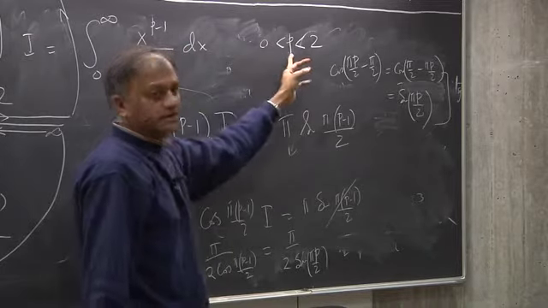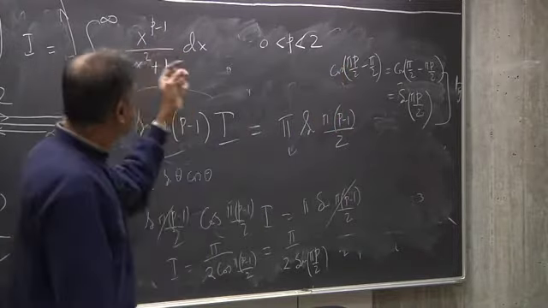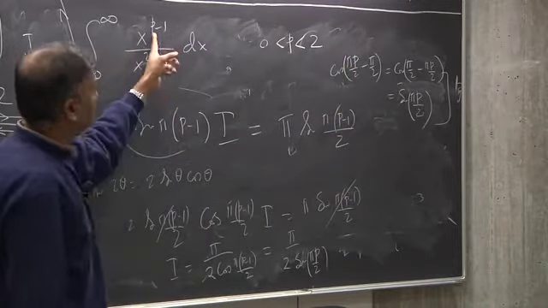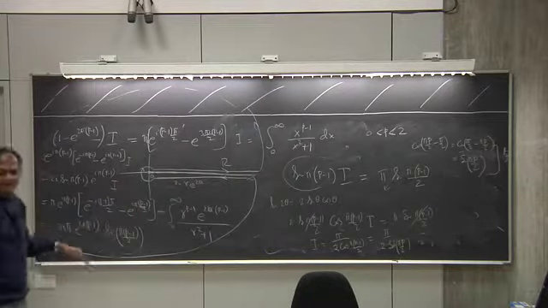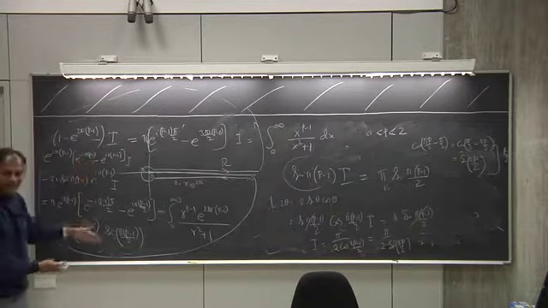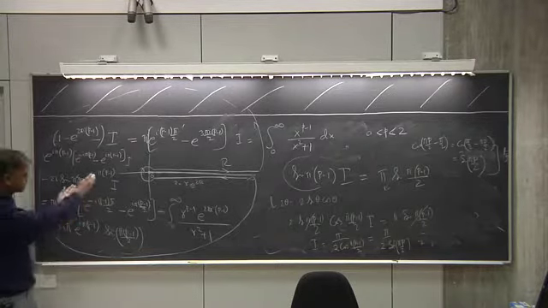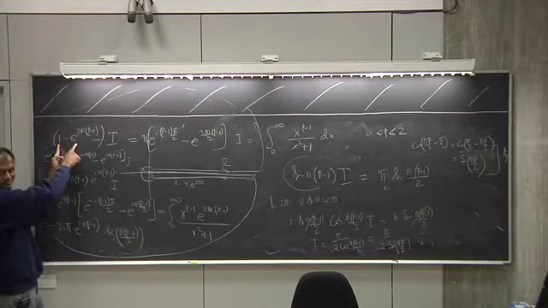But in particular, let's take p equal to 1. If I take p equal to 1, there is no branch cut. So actually, these steps cannot be used. If p is equal to 1, nothing is well defined in these entire steps. If you go through these steps, for p equal to 1, this is 0.